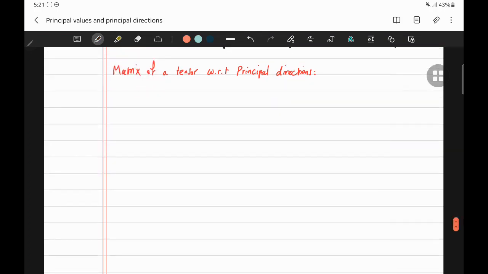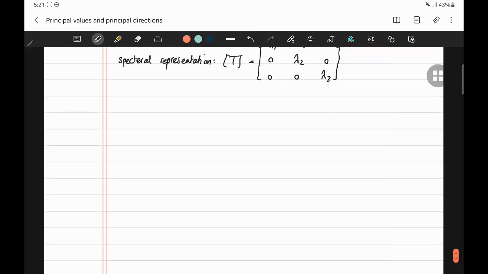So you can easily write the components, the spectral representation, what is called. This is called a spectral representation of a tensor, where you can write the tensor T in a matrix form of the principal values. So we have lambda 1, lambda 2, and lambda 3 on the diagonal, and the rest are 0. But how can you write this?